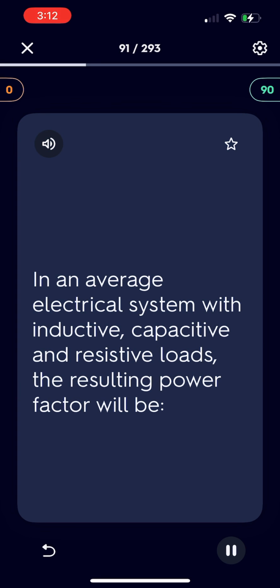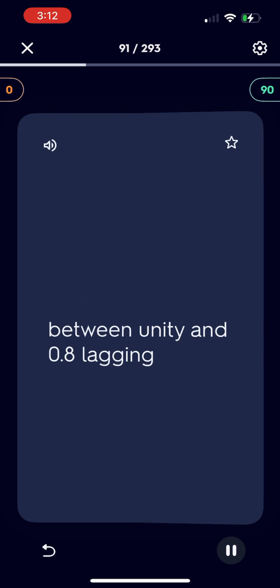In an average electrical system with inductive, capacitive, and resistive loads, the resulting power factor will be between unity and 0.8 lagging.